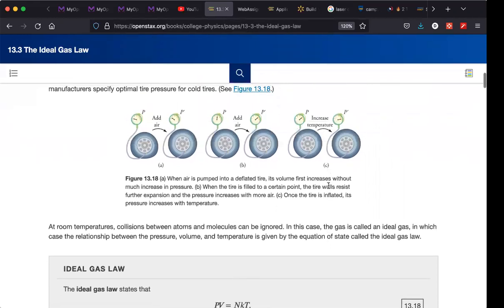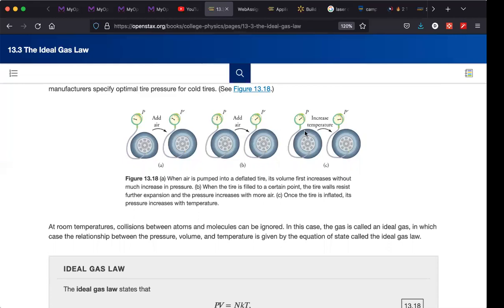Here we have this example where we have this tire that we're measuring the pressure of. And if you have a tire and you add air to it, the pressure actually increases because there's more air molecules pushing on the tire. So there's more force, so there's more pressure. But you can have the same thing happen. You can increase the pressure by increasing the temperature.